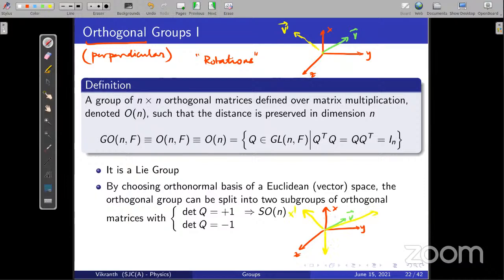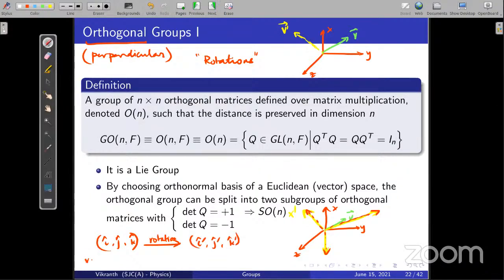So we have X prime. Oh, I think the color is really bad. I'll probably just stick to red, but put dashed lines. So the entire space is rotated, but the vector remains where it is. What actually happens is the way you define your vector changes. If you have I cap, J cap, and K cap in your original system, after rotation you have I dash, J dash, and K dash.